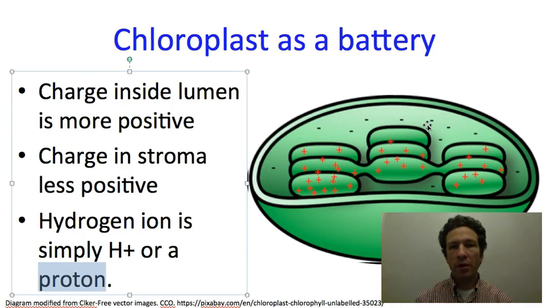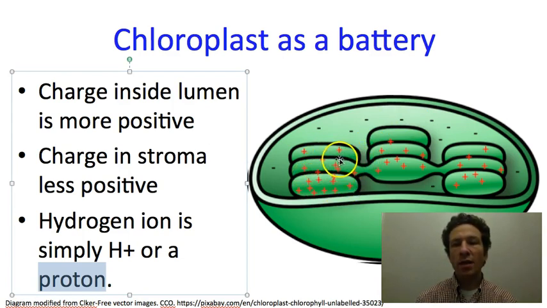If you have a battery, for example, in your cell phone, it will have two compartments, one with a relatively positive charge and one with a relatively negative charge, and it will allow electrons to flow from one to the other, and in the process that is going to release energy that can be used to power your device. Here a similar concept will be used.